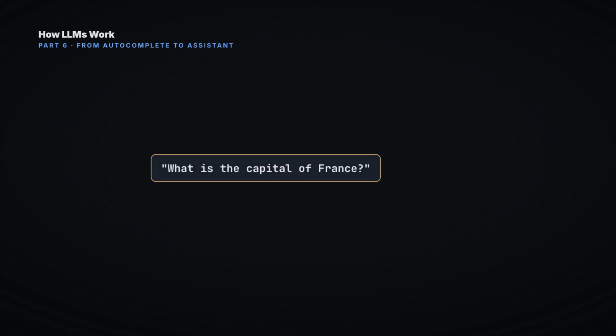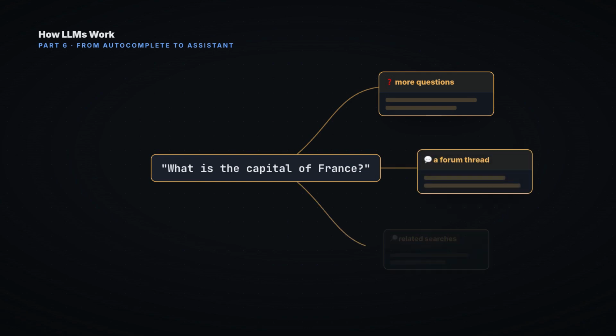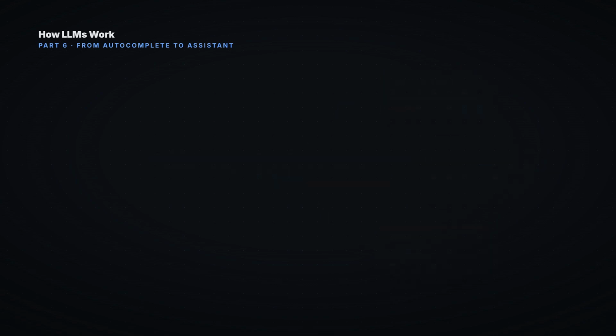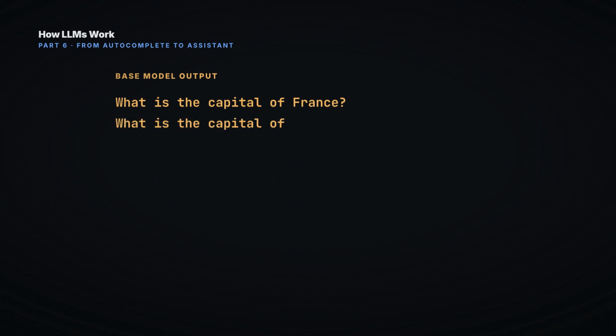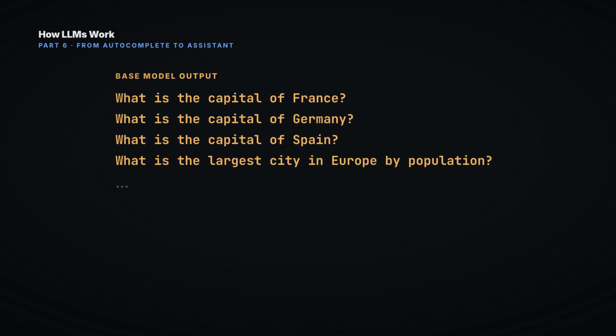And on the internet, a question is usually followed by more questions, or a forum thread, or a list of related searches. So the base model might continue with something like a string of more capital city questions, one after another.